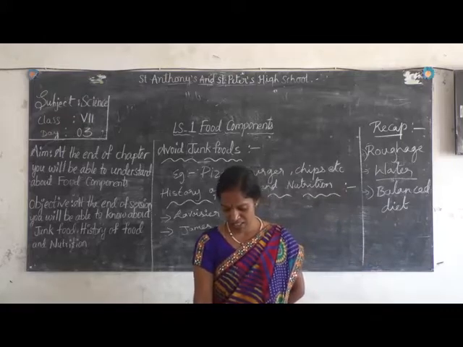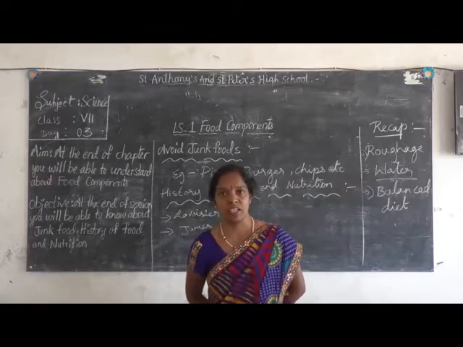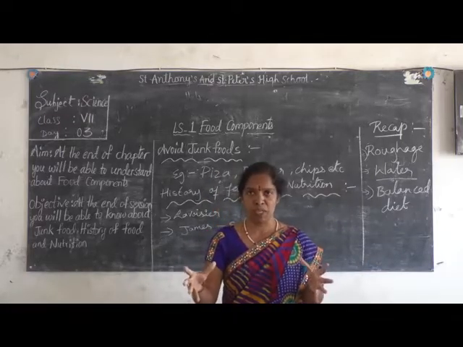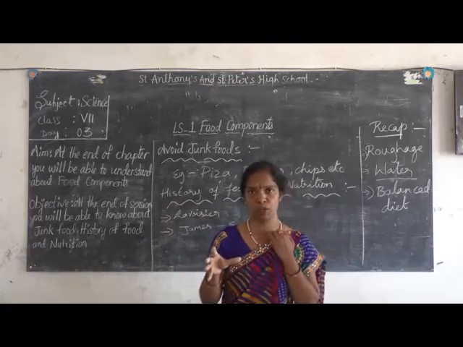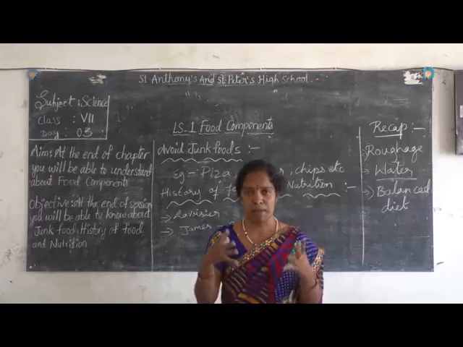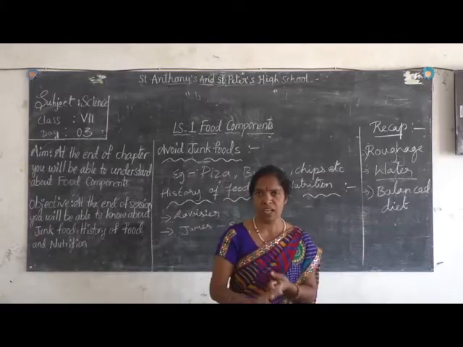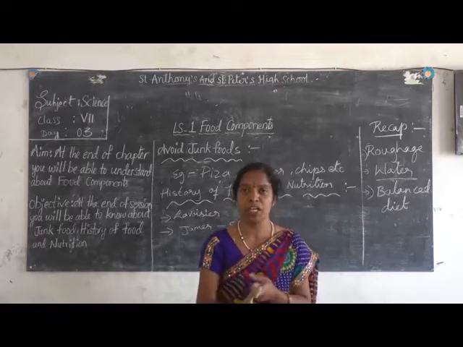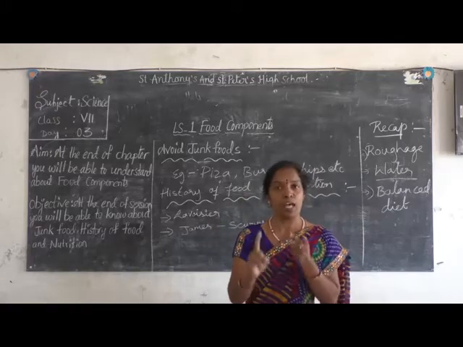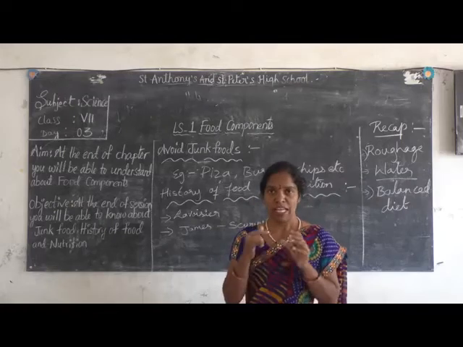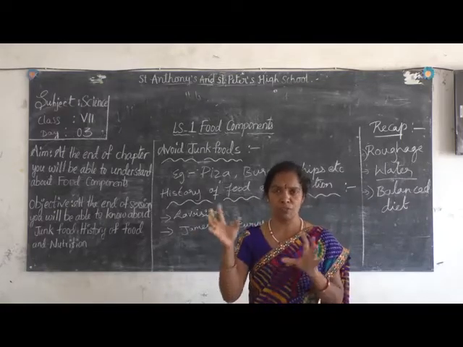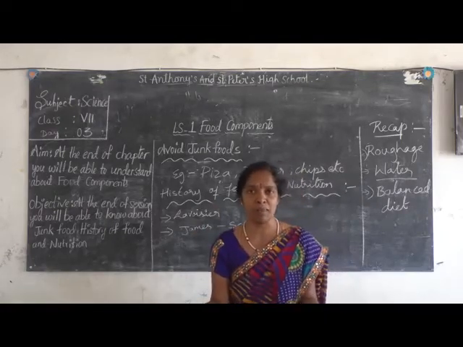Yesterday we discussed what a balanced diet is. It means all 5 nutrients should be covered in the food. While taking any food item, it should include carbohydrates, proteins, fats, vitamins and minerals. If it covers all 5 components, then it is nothing but a balanced diet.